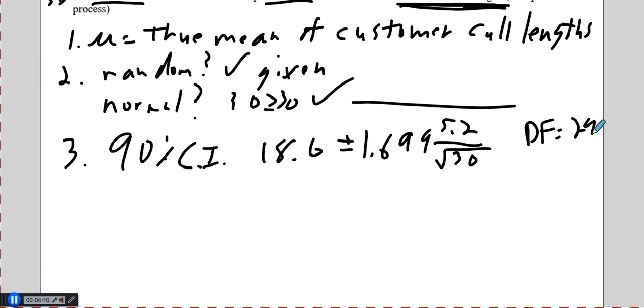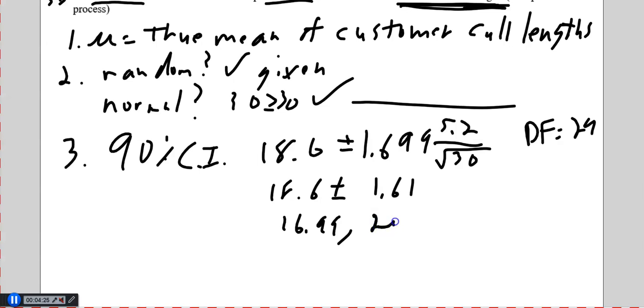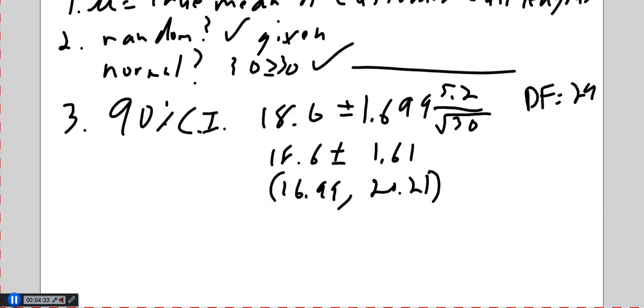Okay, I'm not going to show on the calculator crunching the numbers. It's going to be 18.6 plus or minus. This works out to be 1.61. So if I subtract 1.61, I get 16.99. If I add 1.61, I get 20.21. Okay. And then we're almost done.